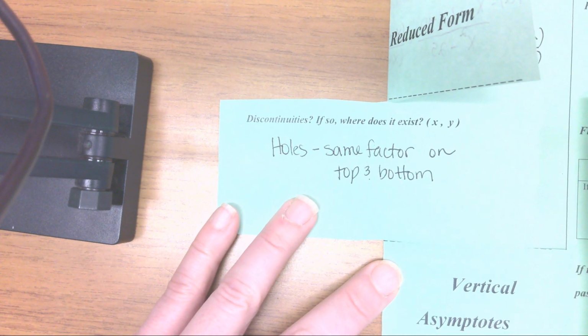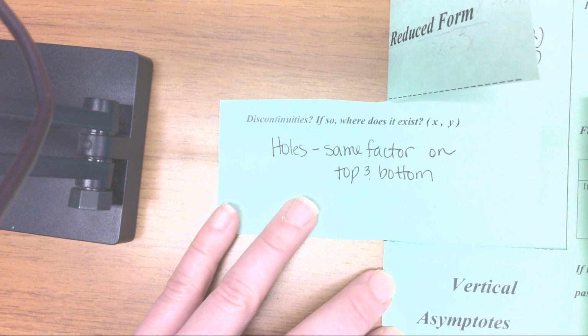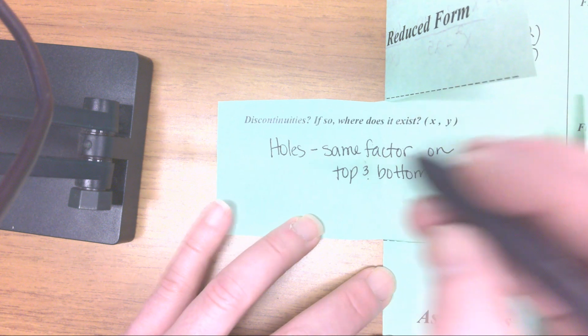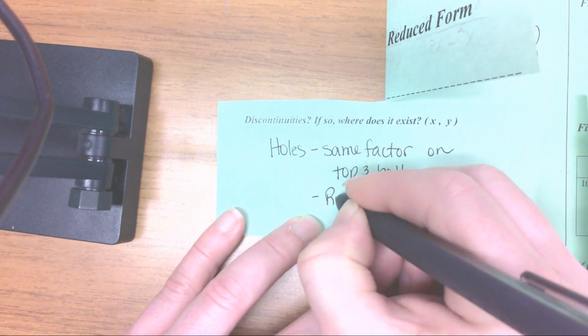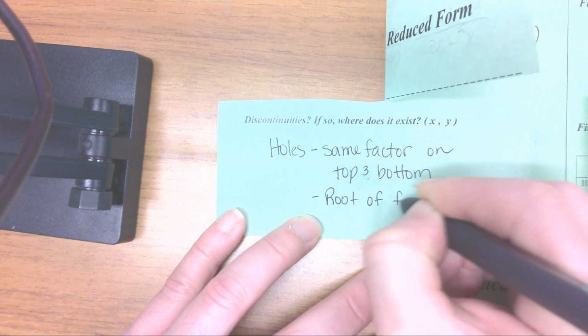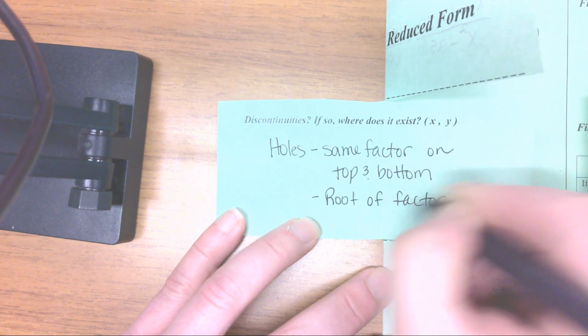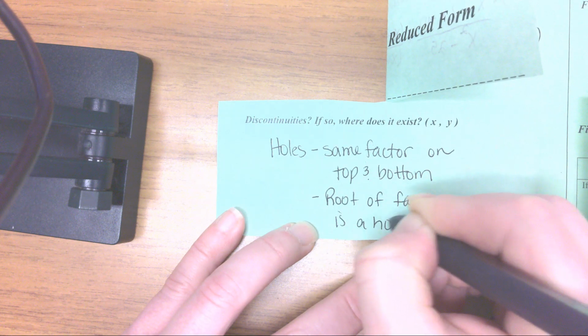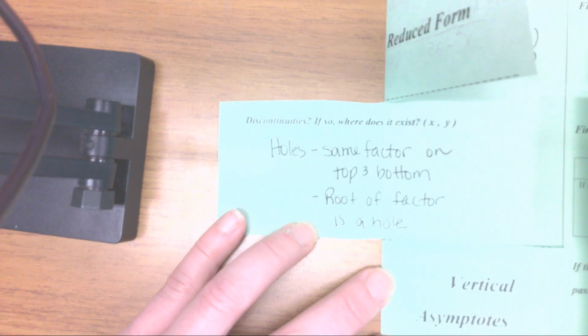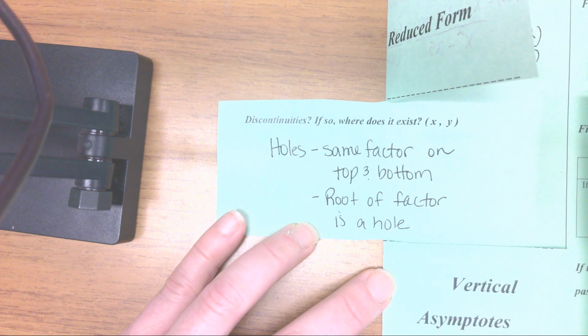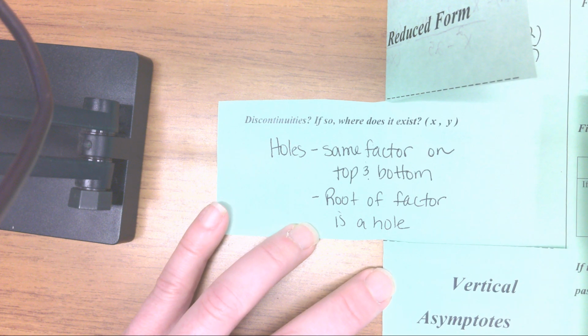It's what makes the factor 0. You remember that? They're the root of the factor. So the root of that factor, what makes it 0, is a hole. Some people like to remember it as the opposite of the factor.